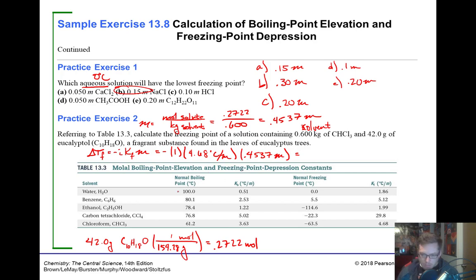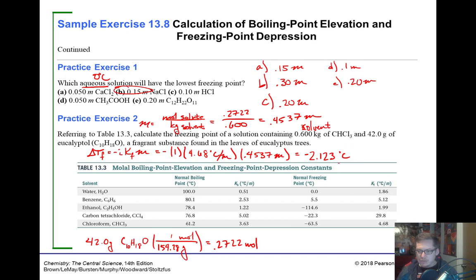Essentially we get negative 4.68 times our answer to the previous question, and so therefore our temperature will go down by negative 2.123 degrees Celsius. But that's not quite what the answer asks us. That's the change in our freezing point. So our freezing point is going to go from negative 63.5, because that's the normal freezing point, and it's going to go down an additional that value there.